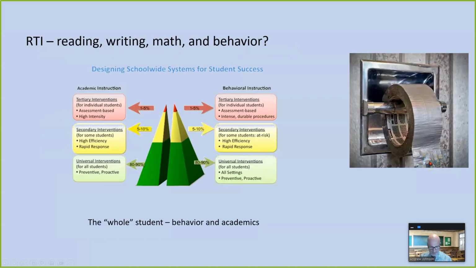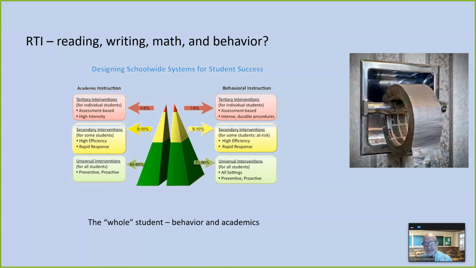Some RTI plans include PBIS, positive behavioral interventions and supports, even ABA, applied behavioral analysis. Now, to be clear, RTI is concerned with reading, math, and writing. Yes, behaviors sometimes get in the way of learning, but behaviors are a result of multiple causes.